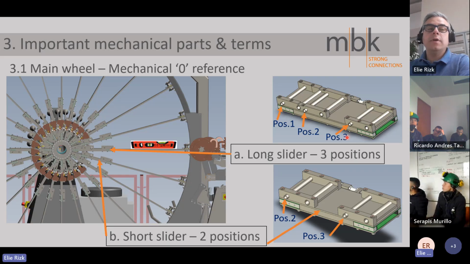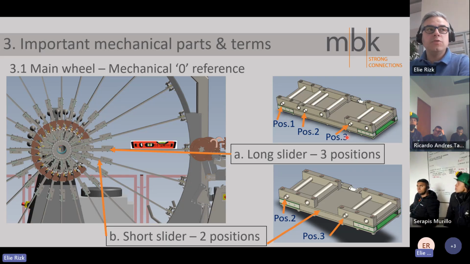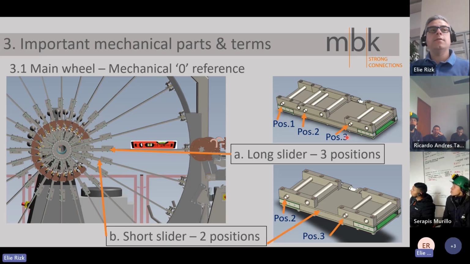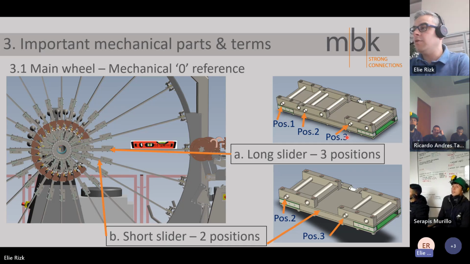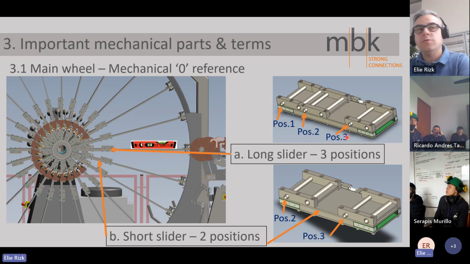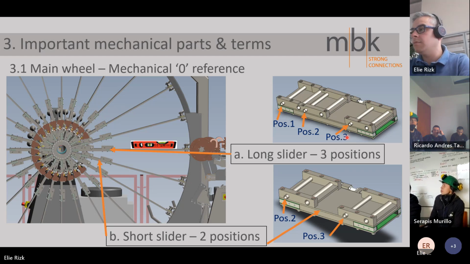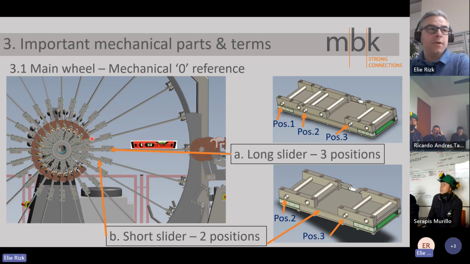Yes, this is okay. In this case you need to change the welding angle to the second one. Yes, this is normal, because you cannot reach the 220 when you use position number 3, because mechanically it's not possible. If you see here, this is the actual position of the slider.